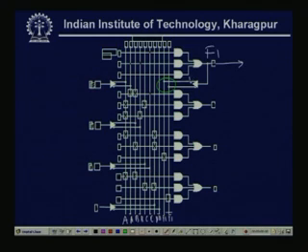This is F1, this is F1 complement, and the rest of the things are the same. This is F2, F3, this is F4, where in F3 F1 is one of the inputs, and in F4 F1 bar is one of the inputs.